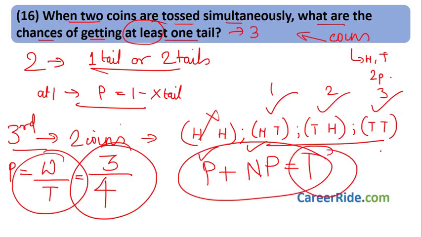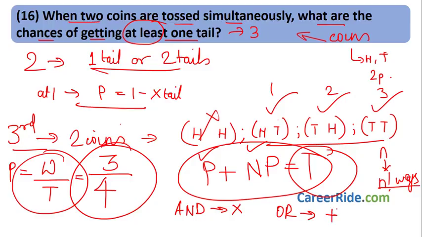And if there are n objects, you can arrange them in n factorial ways amongst themselves. Just remember these things, just remember the common type of sums that are asked, and you will very easily be able to solve all sums related to probability. And most important thing, and means multiply or means addition.